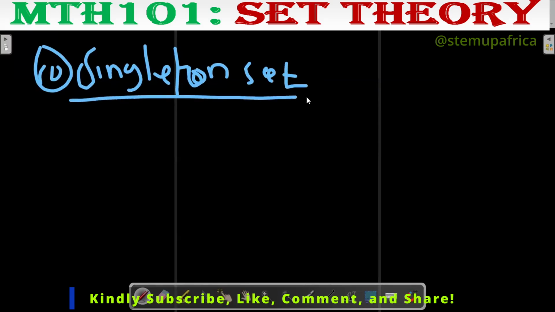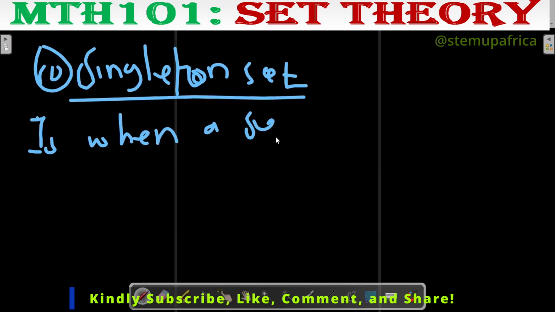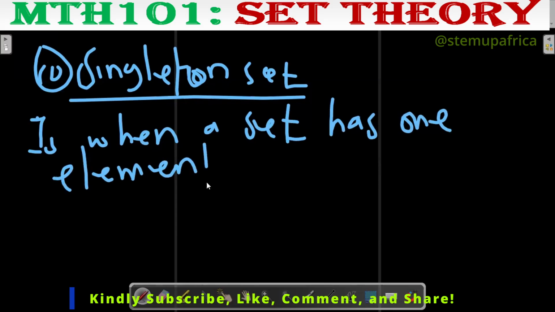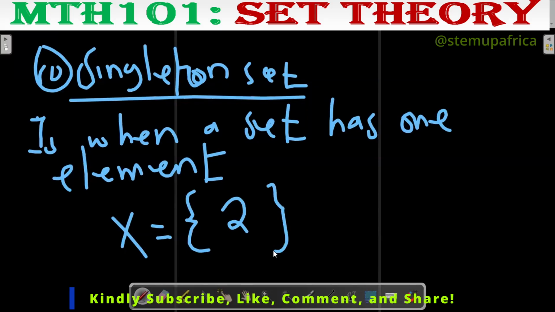It is derived from the word single. It's when a set has one element. For instance, set X, maybe you just have a 2. So this is what I mean by single sets or singleton sets. It's just a single element in it. That's what we call a single set.